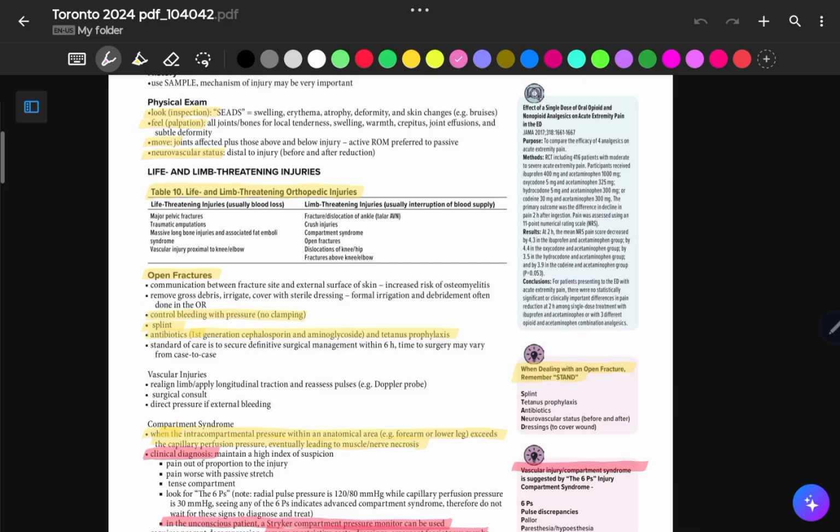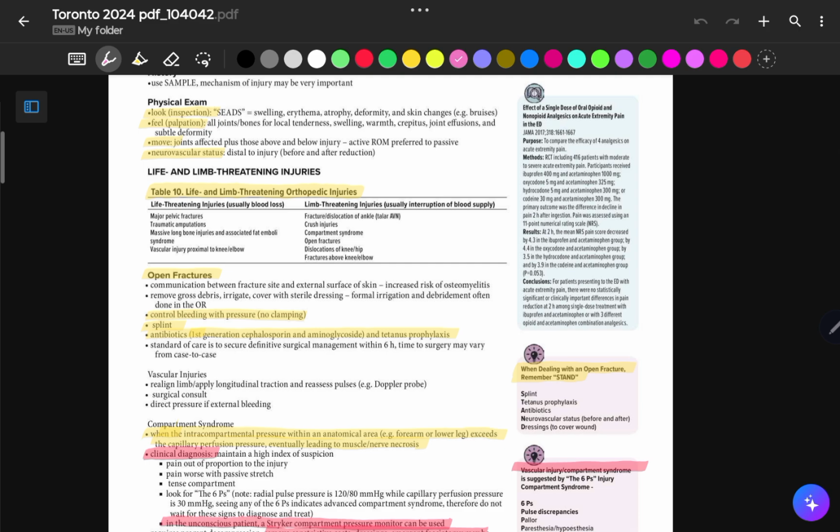So what are the life and limb threatening orthopedic injuries? Life threatening injuries usually cause blood loss. These would be your major pelvic fractures, traumatic amputation, massive long bone injuries and associated fat embolism syndrome, and vascular injury proximal to the knee or the elbow. The limb threatening injuries usually cause interruption of blood supply.